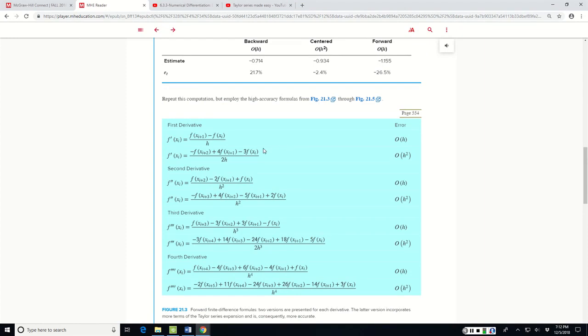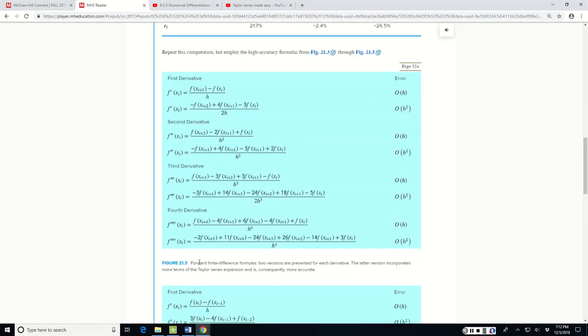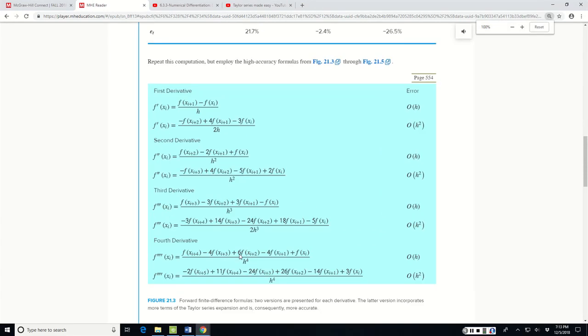So there are tables in your book given for, this one is for the forward finite difference. So basically, this one is the formula which is less accurate because you truncated more terms. This formula is more accurate because you kept the second order terms instead of truncating it. So you see the accuracy is higher. But the penalty is that you have to use more points.